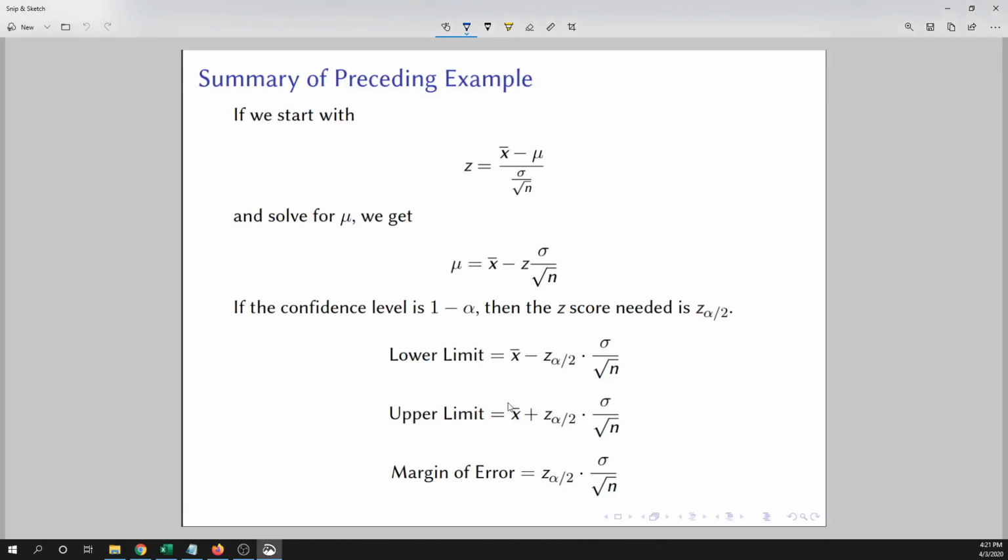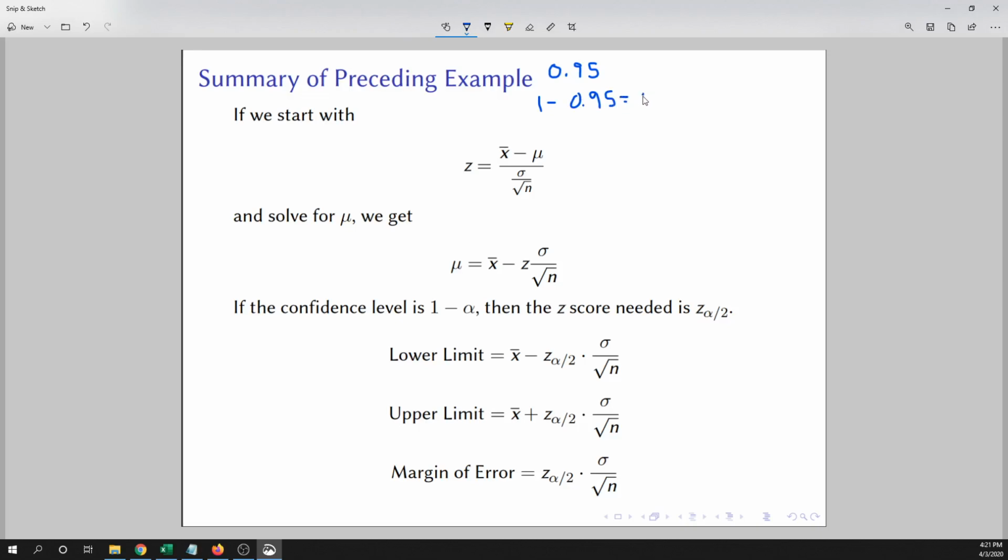If we do that again, remember in the previous example we had a 95% confidence interval, right? So 0.95 was our confidence level. And then we did 1 minus 0.95.